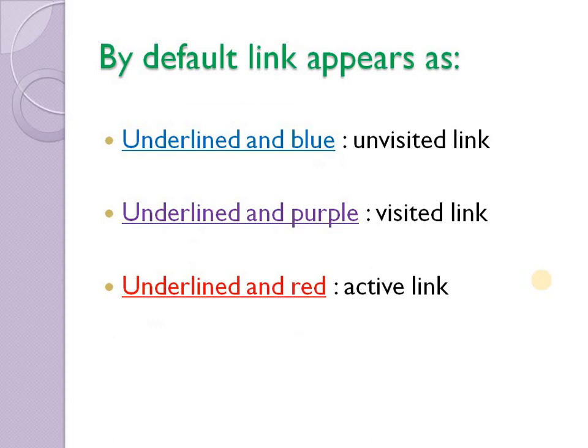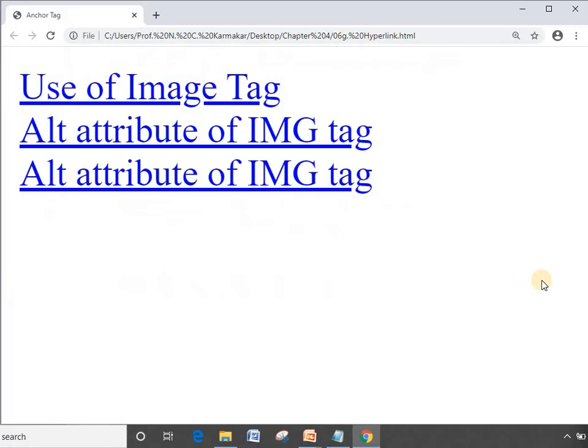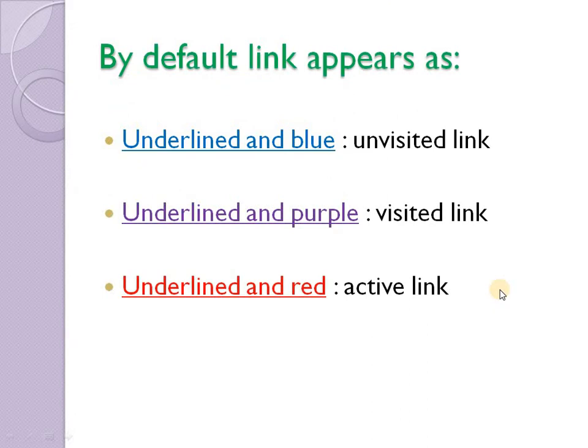This is that slide. By default, a link appears underlined and blue, and this is known as the unvisited link. Underlined and blue in color. This is an unvisited link because we have not clicked on these links. By default, they are blue. And underlined but purple in color, that is a visited link.